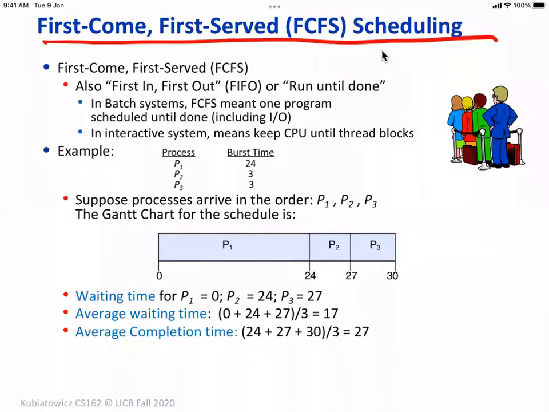This is how we do things in shopping malls or airports and so on, right? There is no priority here. The one who comes early will get served first. Normally in life we use this, or a variation of this.